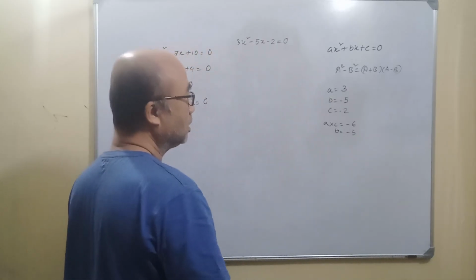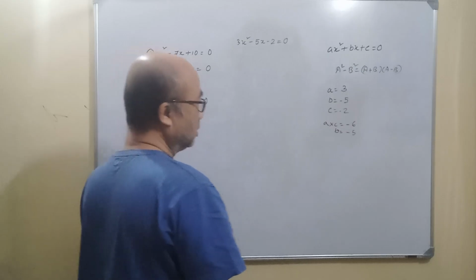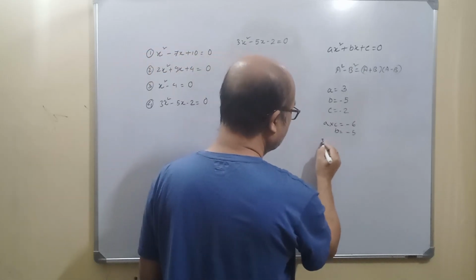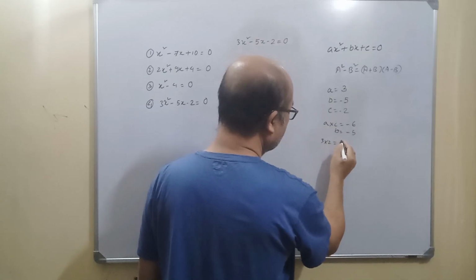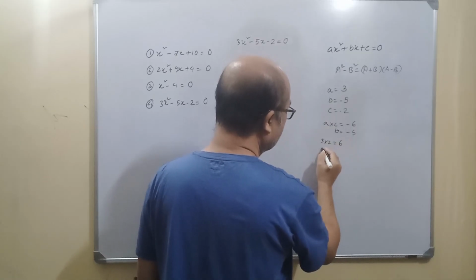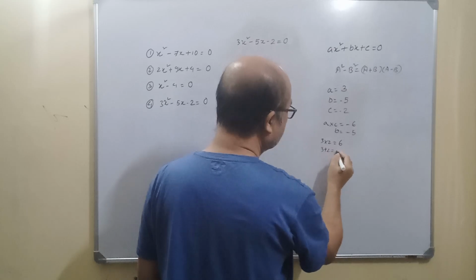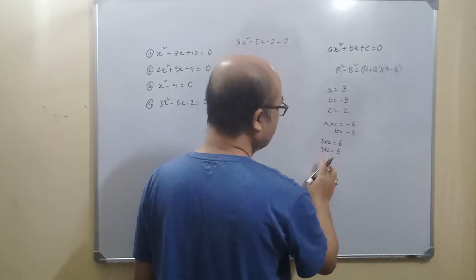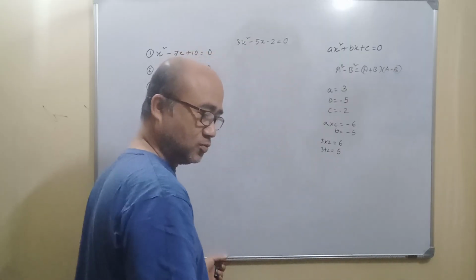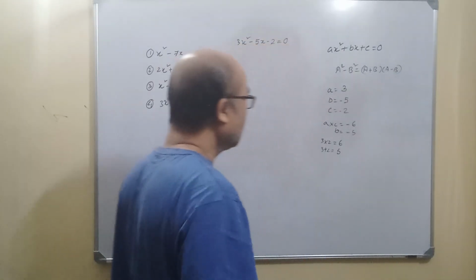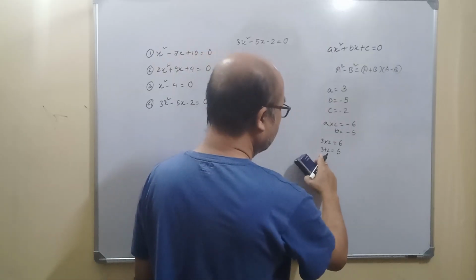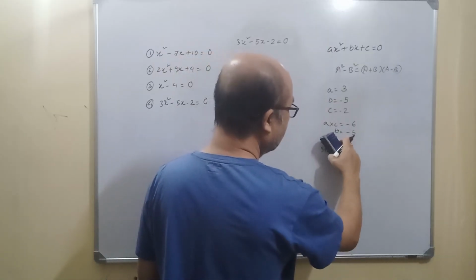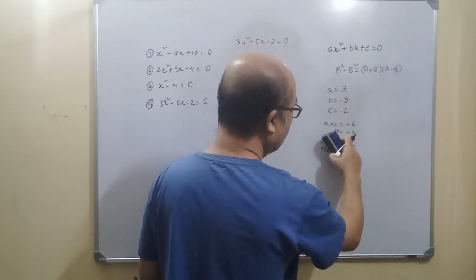So the numbers can be 3 and 2. It will lead us to 6, and 3 plus 2 will lead us to 5. But no, this cannot be the numbers, because we need a negative summation, minus 5.